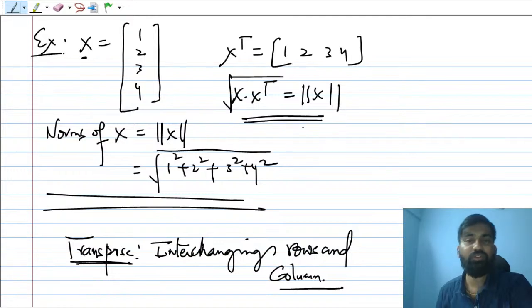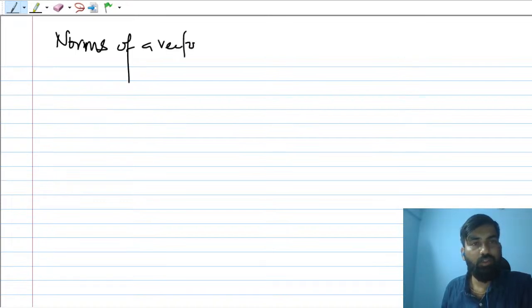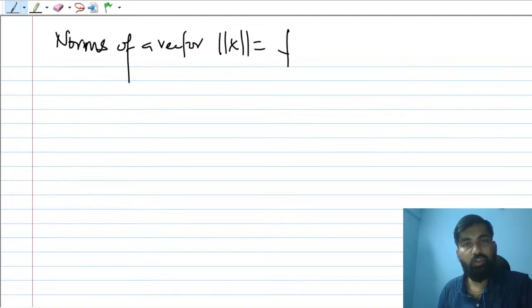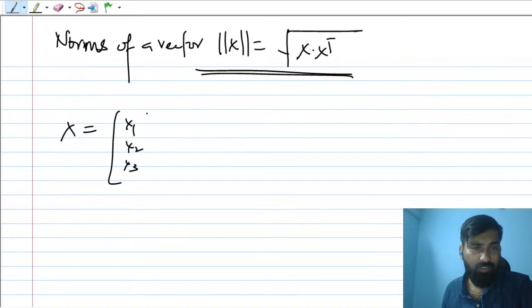So this is also one of the very important conditions, right? The norm of a vector can be written like this also: the square root of x dot x transpose. We can take a similar example. Suppose we have been given a vector x, that is x1 x2 x3, and we have to find the norm of the vector.